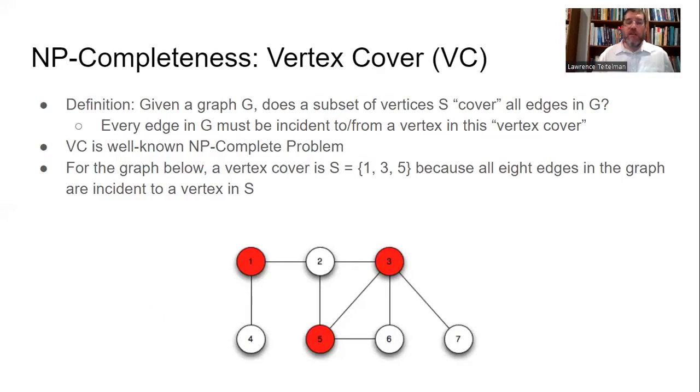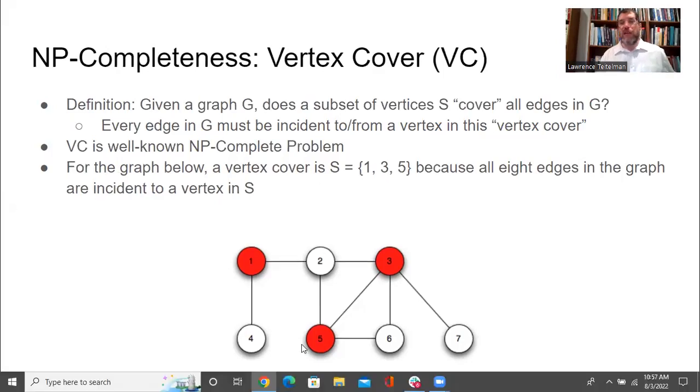So we want to know, if I have a certain subset of the vertices, do they cover all the edges? In other words, is every edge directly adjacent to one or more of those vertices? First of all, let me make sure you can all see the picture. Everyone see the picture there, right? What is the vertex cover in this case?